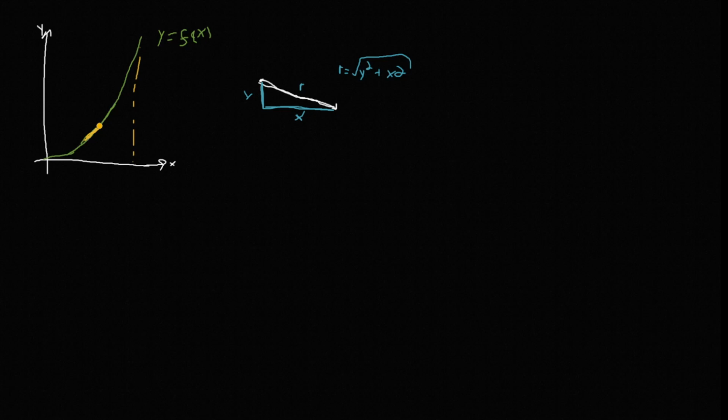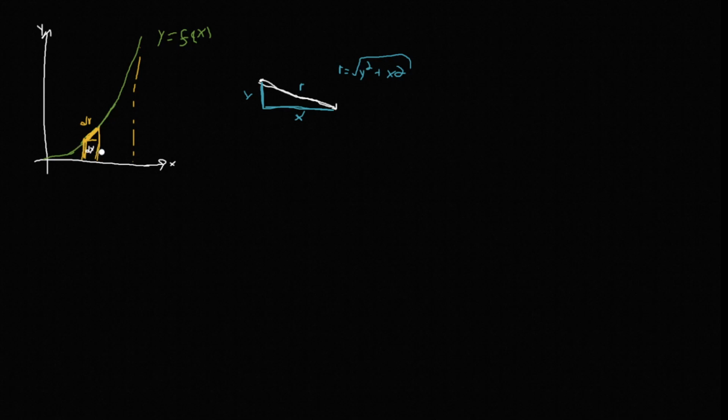So if we take this segment of line here and just call this dr for a small section of this function, dr has a width of dx.